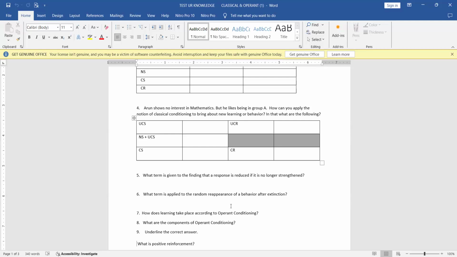The gradual decrease and disappearance of the conditioned stimulus. What is the term given? Extinction.